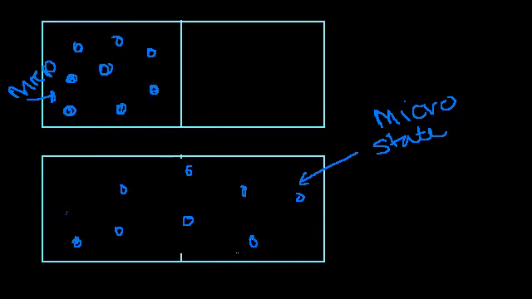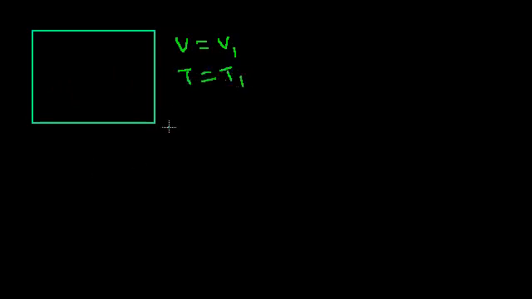What you can say is, and this time I'm going to draw it without the particles, that if I have a container that is this big, so it has some volume, volume is equal to V1, its temperature is equal to T1, and it has 8 particles in it, this has some entropy associated with it.